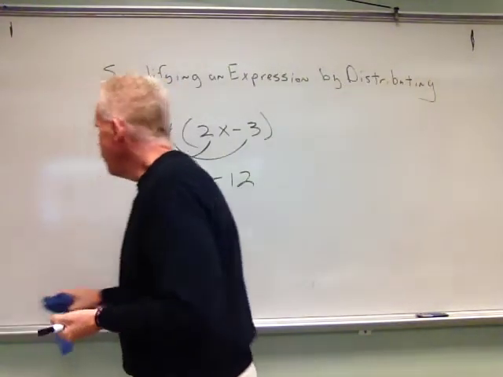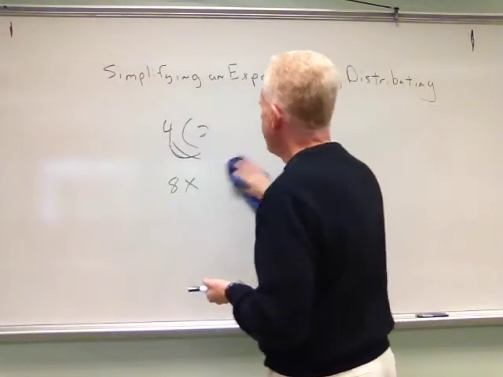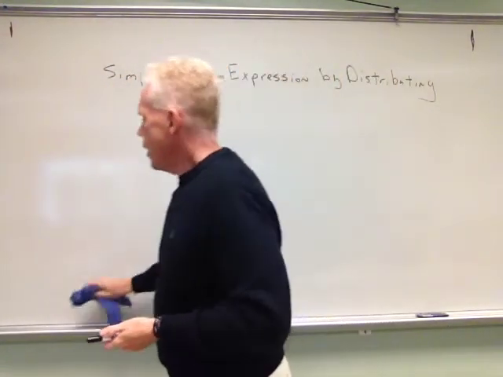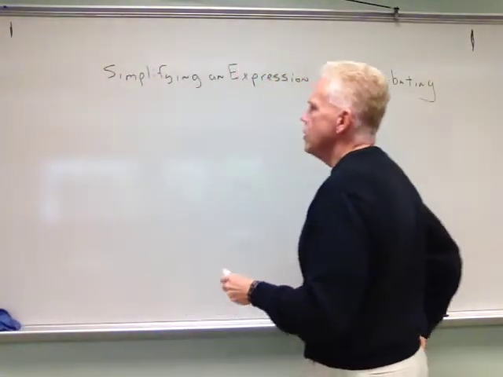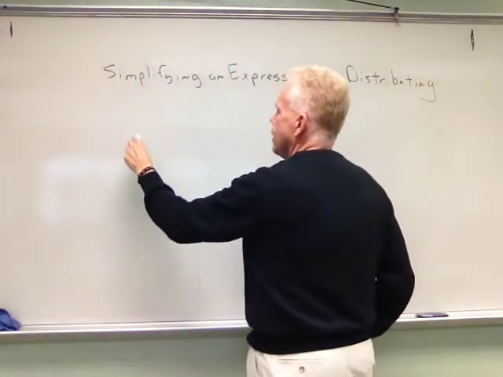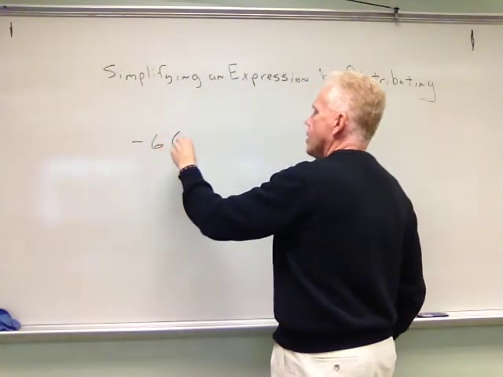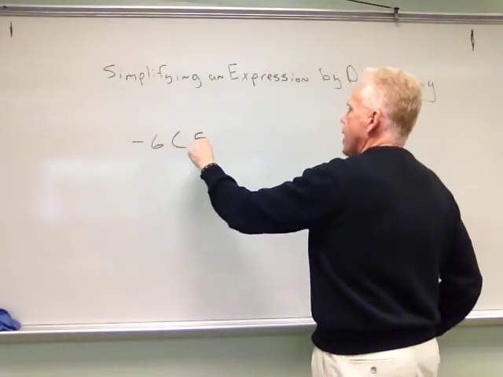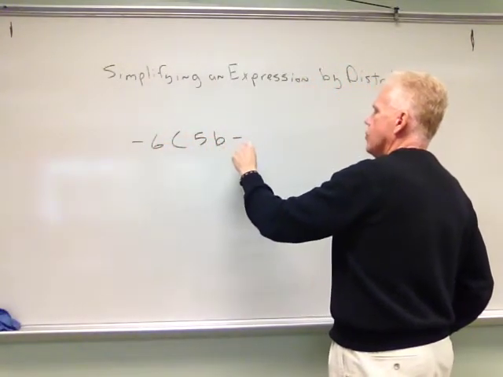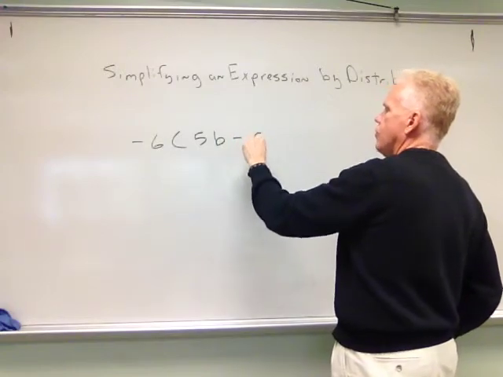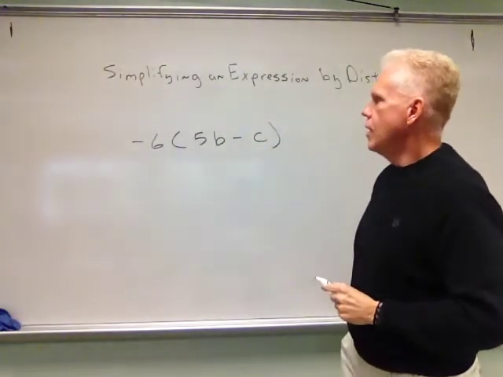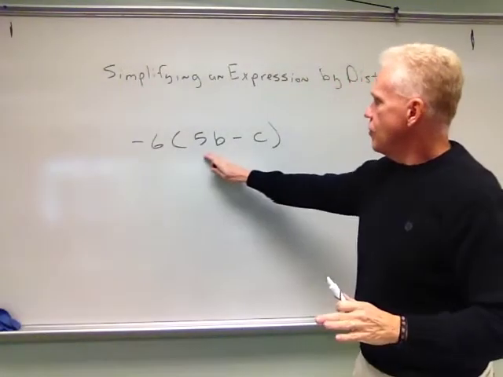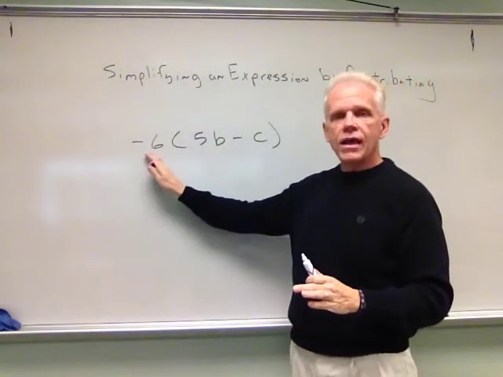Let's put another one up here as an example for you. Okay. Let's take a look at negative 6 times 5b minus c. All right, so we've got this expression in the parentheses. We've got the negative 6 out front.